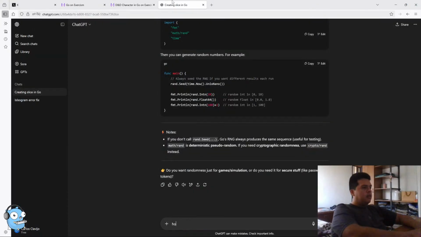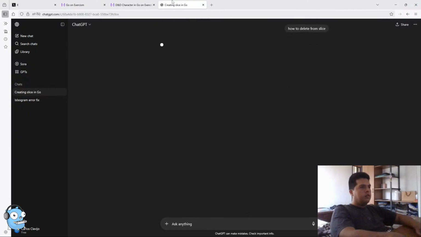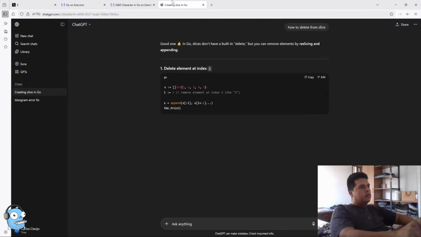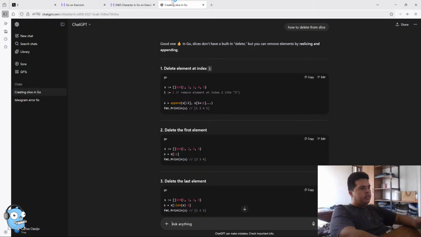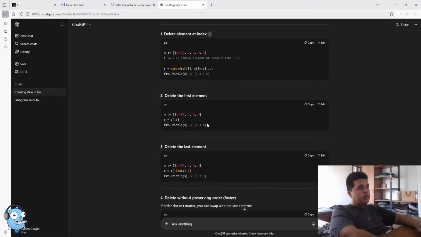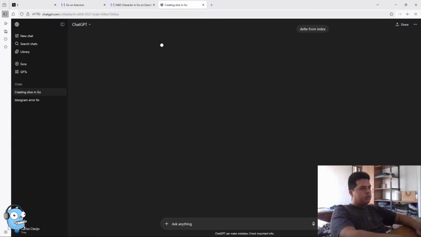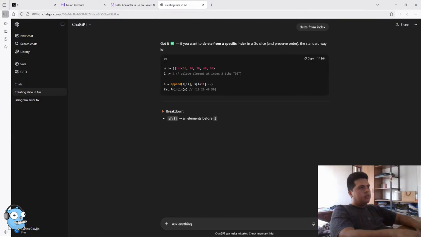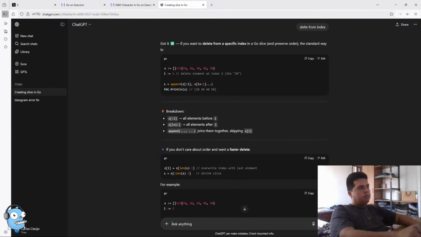How to edit from a slice, delete without preserving order. I want to know how to delete from an index. There's nothing like delete.